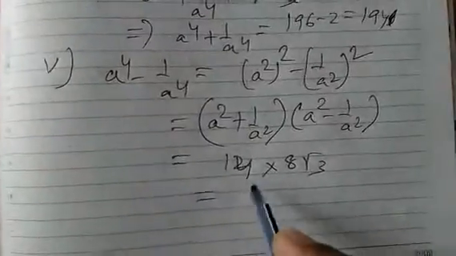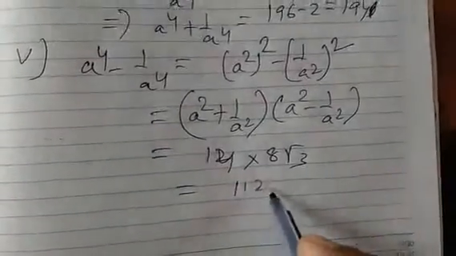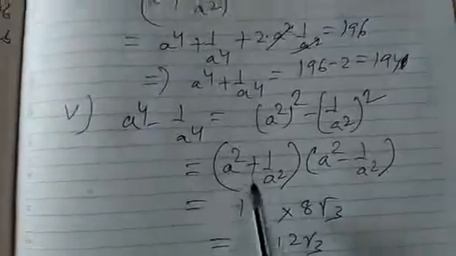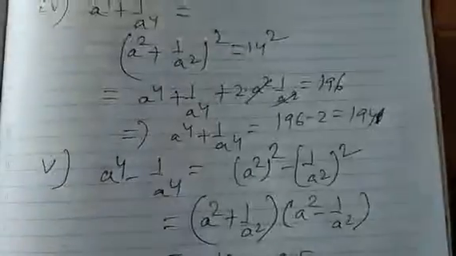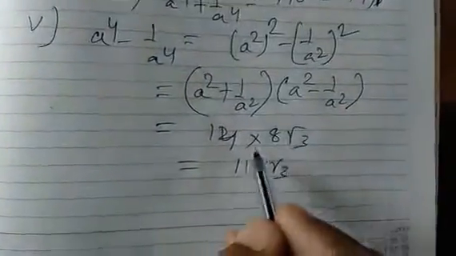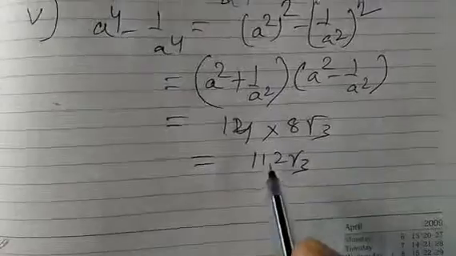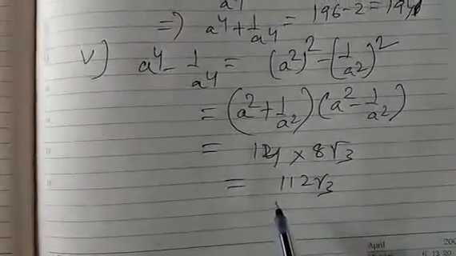So it is 112 root 3, because a square minus 1 by a square is 8 root 3 and a square plus 1 by a square is 14. 14 into 8 is 112 root 3. So this completes this question.